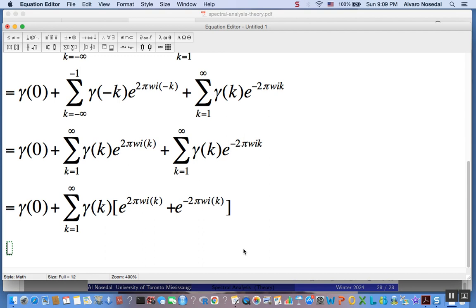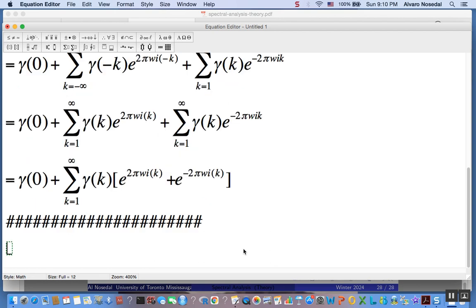Make sense? Okay. And then let me remind you that if you use Euler's formula, you could rewrite the sum of these two exponentials, right?